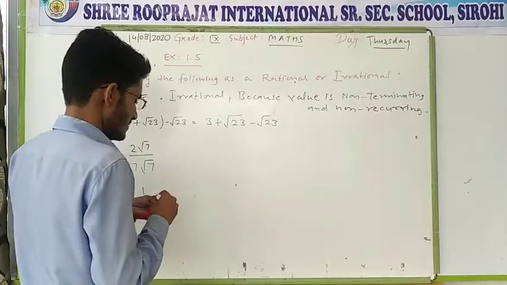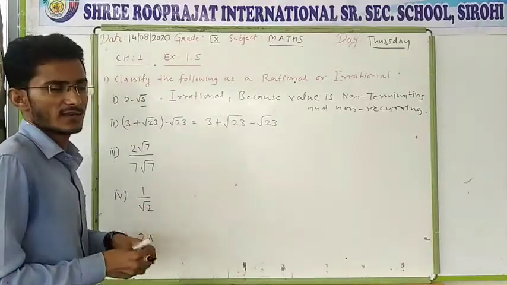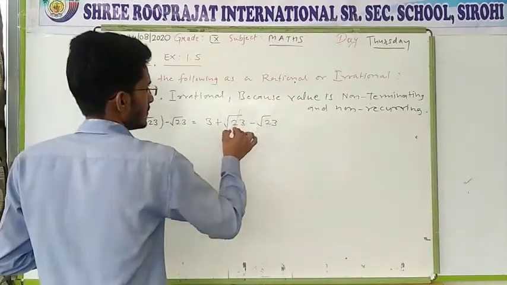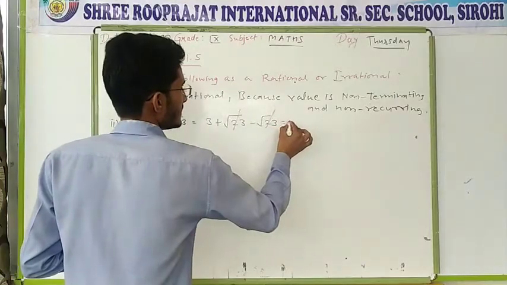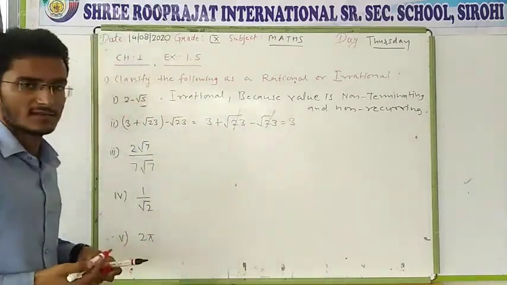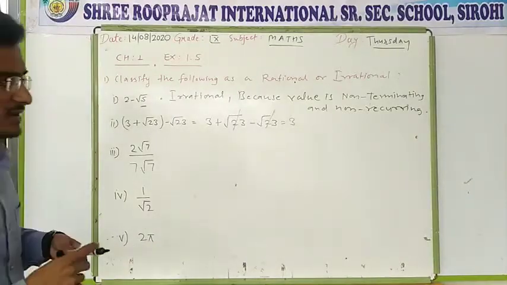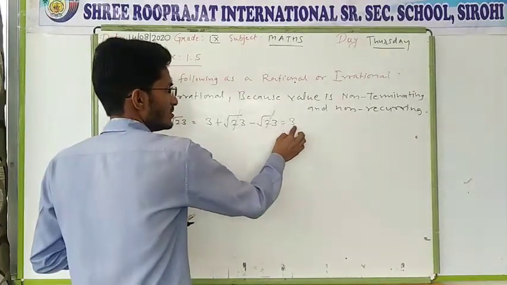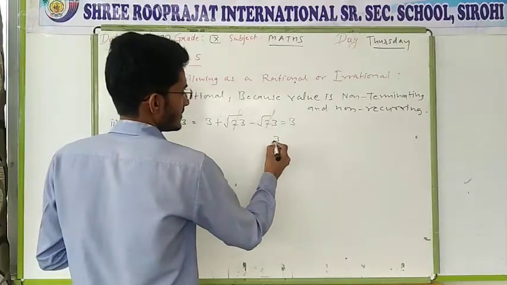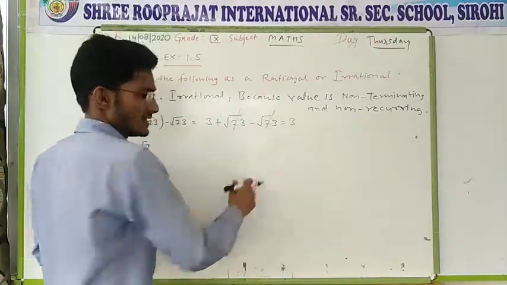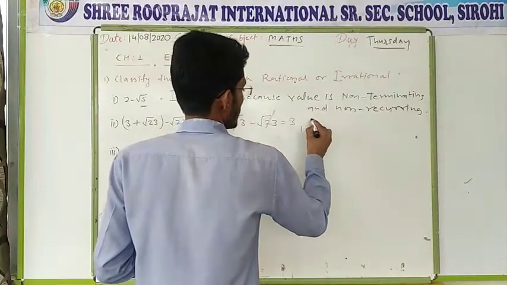So here root 23 minus root 23 will be 0, and you will get only 3. And 3 is a natural number, whole number, integer or rational number. In a rational number, that means the denominator is 1, that means 3 by 1. So that is a rational number.